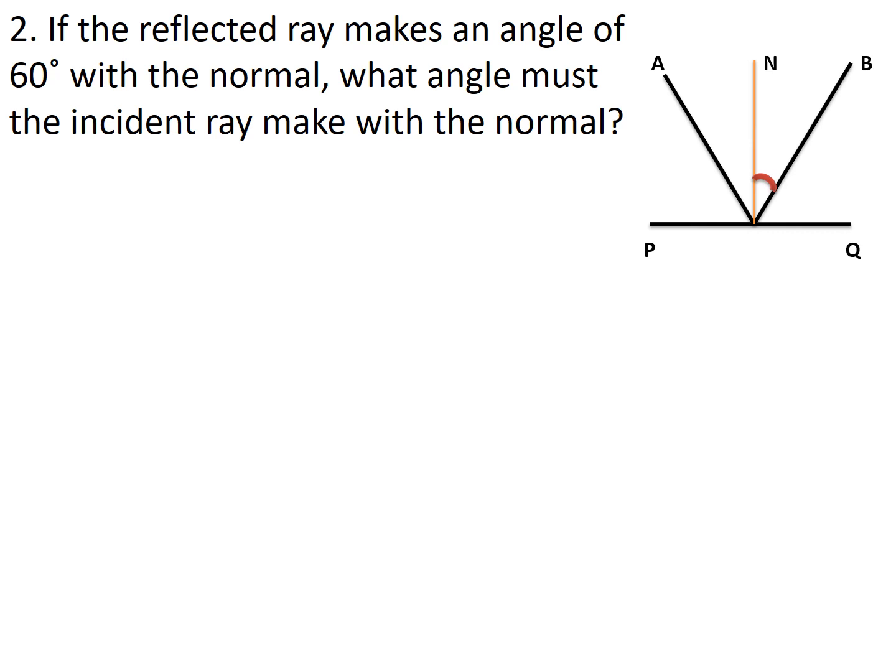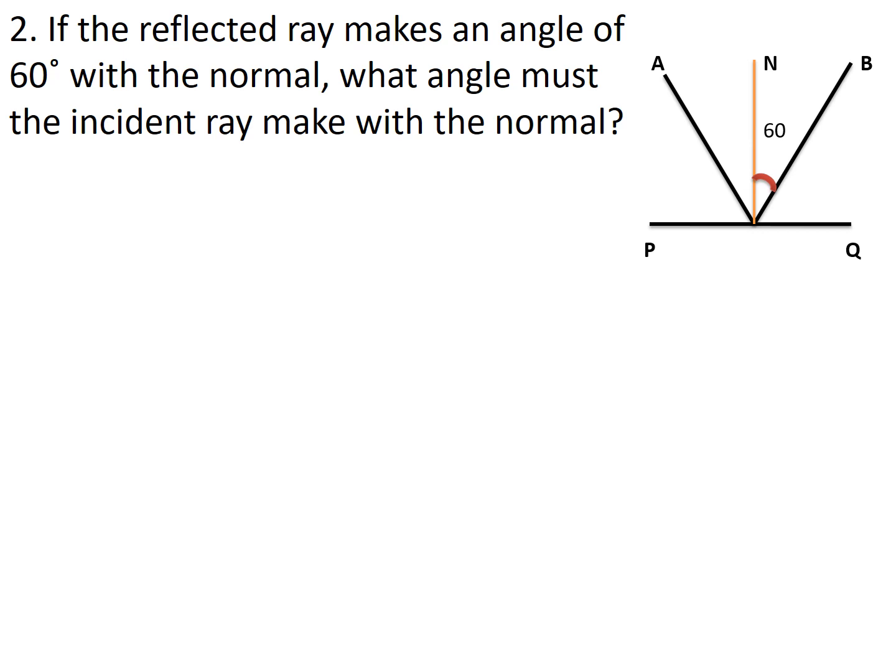If the reflected ray makes an angle of 60 with the normal. Now here my reflected ray is B, my normal is N. They are telling me that B is making an angle with N, which is 60 degrees. So 60 is the angle that my reflected ray makes with the normal.